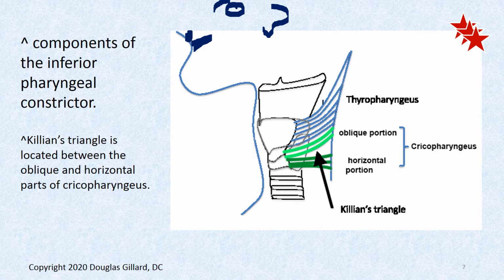Thyropharyngeus, where the fibers attach into the thyroid cartilage, and cricopharyngeus, where the fibers connect into the cricoid cartilage. But specifically, Killian's triangle, Killian's dehiscence, is the area right here. It's between the oblique portion and the horizontal portion of cricopharyngeus. Everybody understand that? Got that?